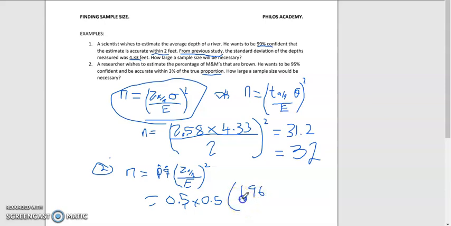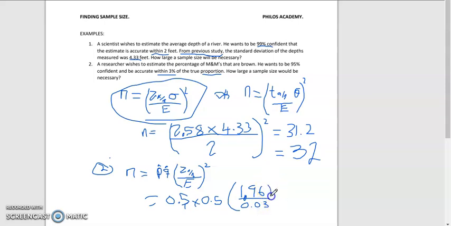Divided by what is the error? It says within 3%, meaning your error is 0.03, because 3% in decimal is 3 divided by 100, which is 0.03.